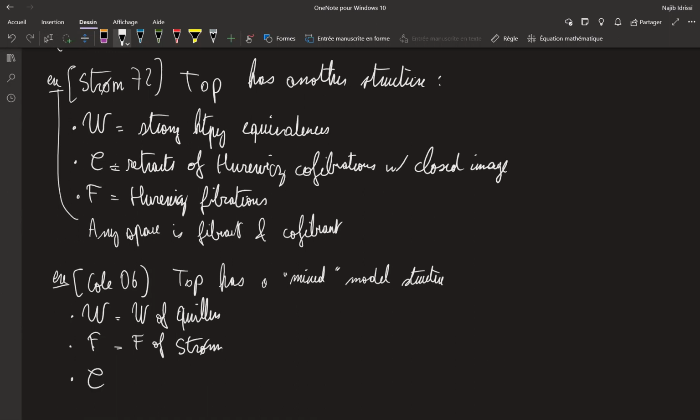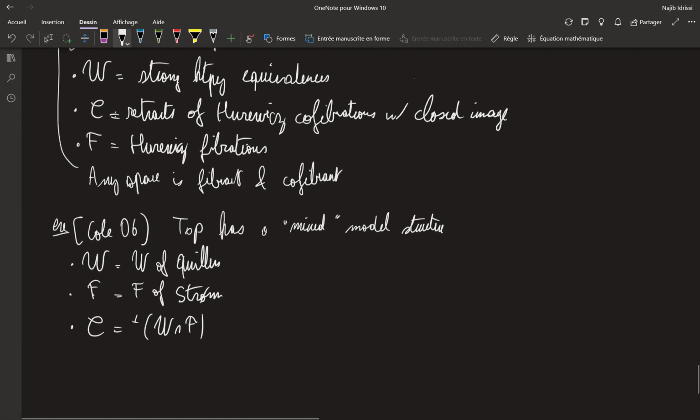So you can check, let's see, the cofibrations, which is again the set of maps which have the left lifting property with respect to acyclic fibrations.